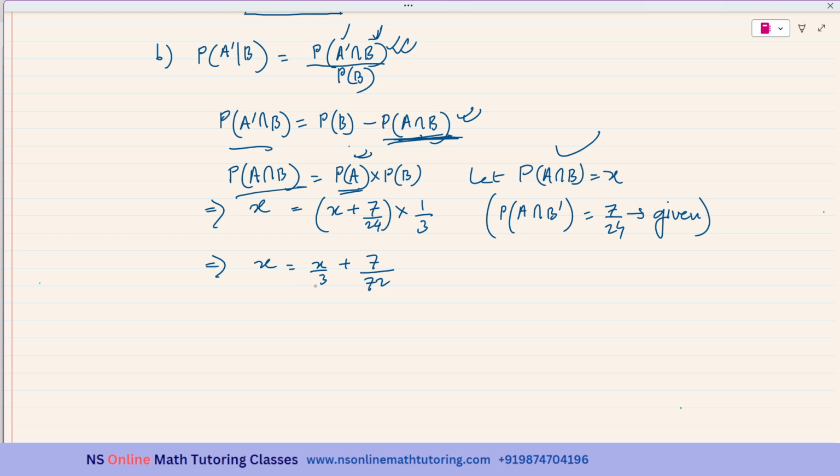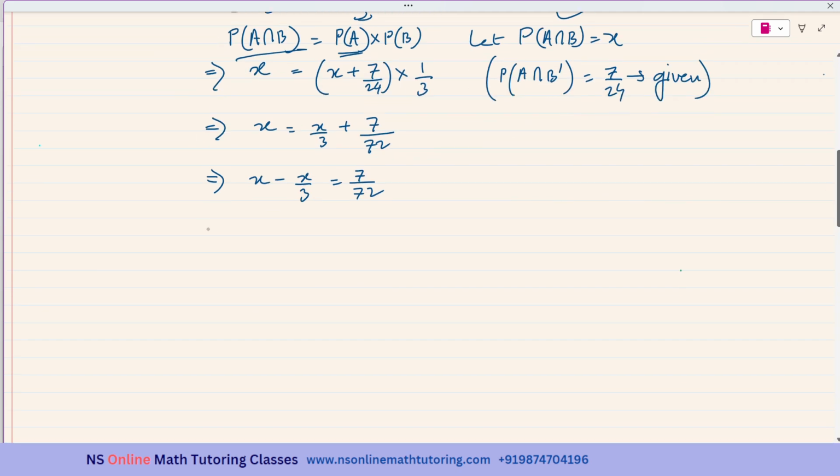Okay, so now I am subtracting X over 3 from both the sides, so it is X minus X over 3 equal to 7 over 72, or 2X over 3 equal to 7 over 72, or X equal to, I am multiplying both sides by 3 over 2. So 7 over 72 times 3 over 2.